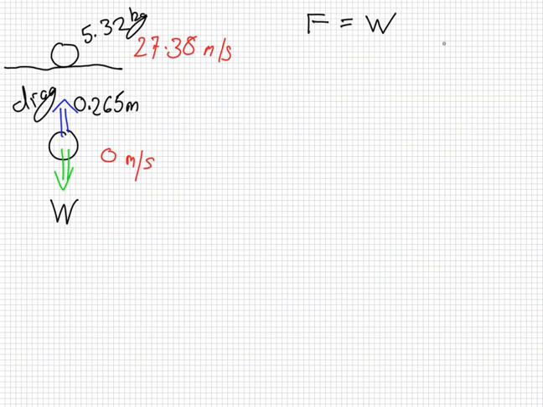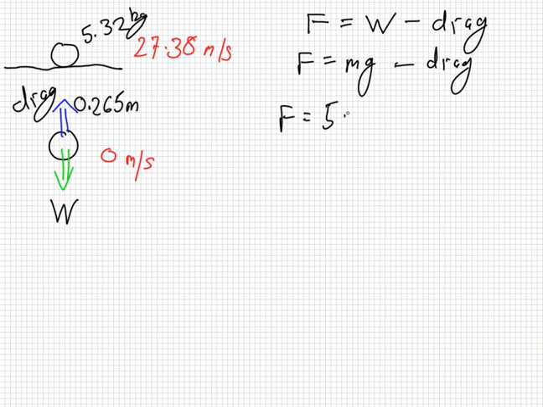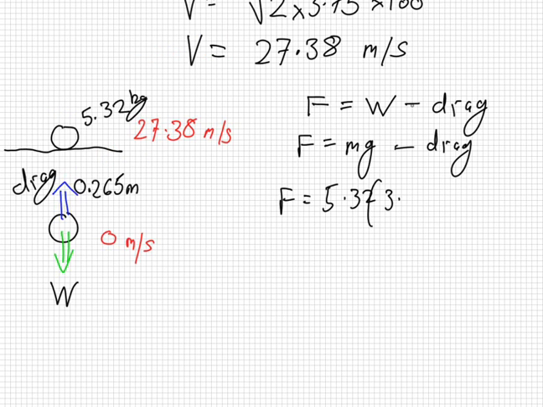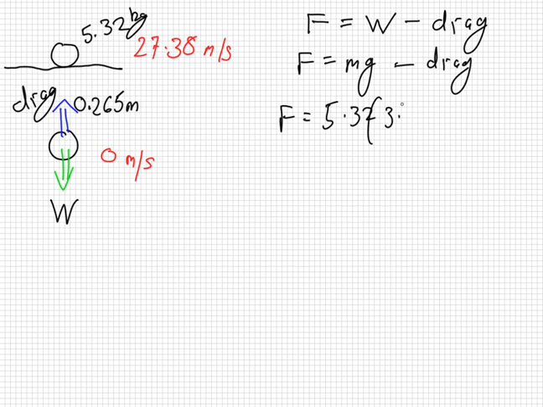That's what they're looking for, weight minus drag. The weight is mg, and the m is 5.32, and the g is 3.75, minus the drag. So then you get F is ma.